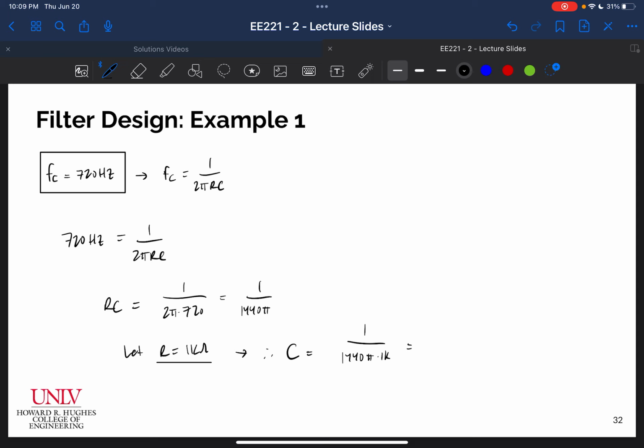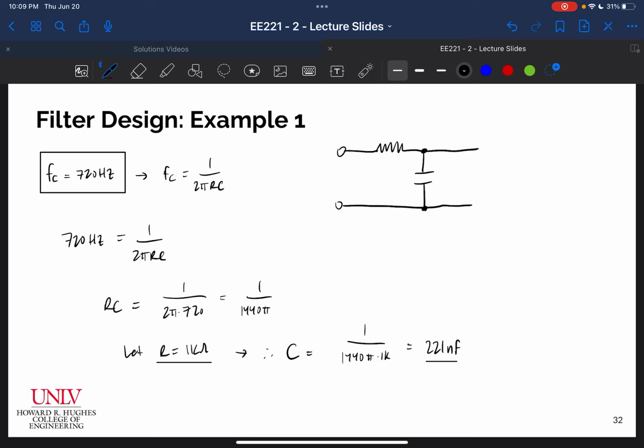And I'm going to get 221 nanofarads for my capacitor, which is a totally reasonable value. And I'm done. I've designed my filter that's going to attenuate my noise and pass through my speech.